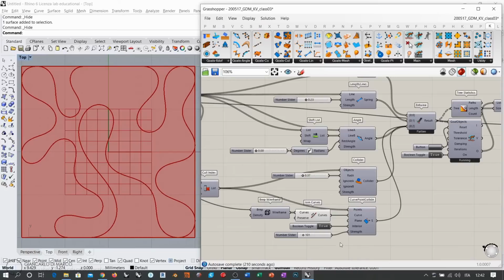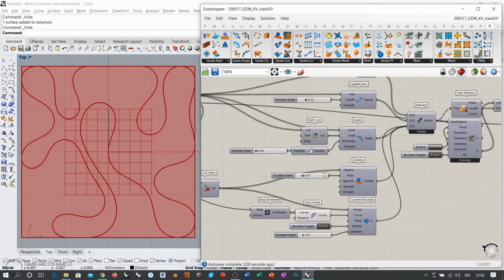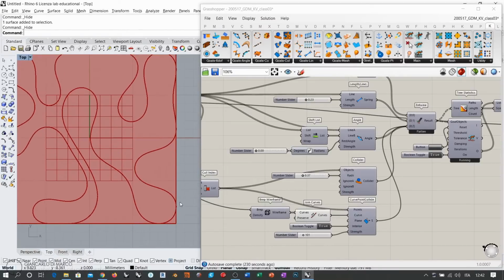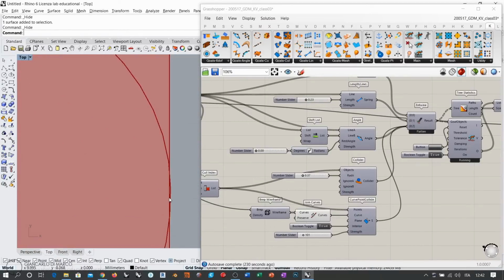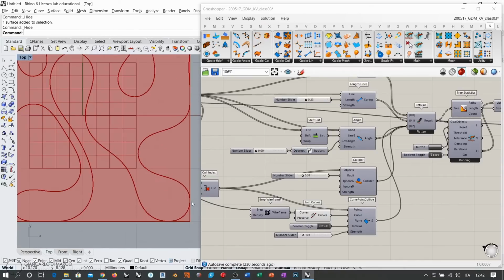But eventually, you see that I use this for the curve point collide because I want this curve to be, let's say, quite a strong limit for my design. Okay, I don't want the curve to go out from the square. You see how it is constantly evolving, especially in this area. But anyway, 101 for now is good enough. I only see that here something is not perfectly right. Okay, but it's basically nothing.